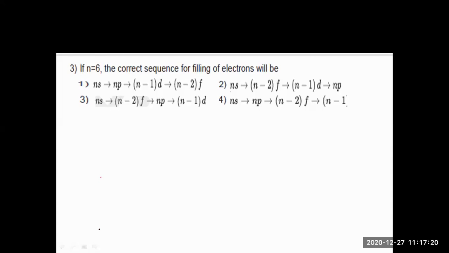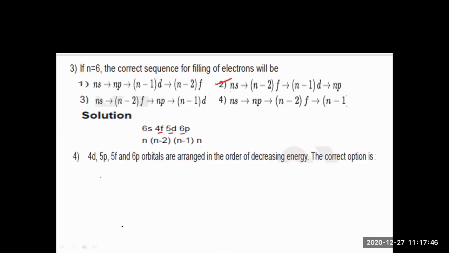When f starts filling, the shell value should be 2 less than shell value of s. And for d, shell value should be 1 less than shell value of s. And p should be same as that. So from 6s, because 6th shell means 6s it fills. Therefore, 6s, 4f, 5d, 6p is the correct one. So option 2 itself is correct.